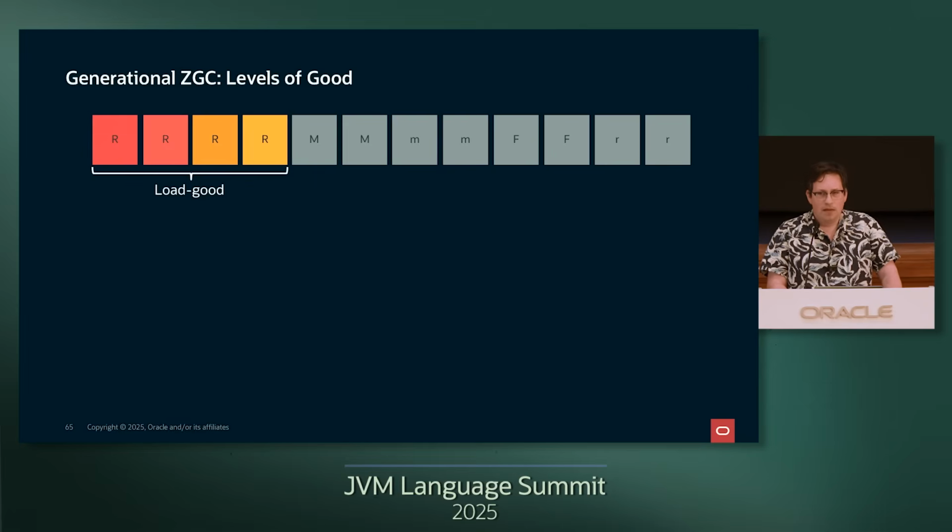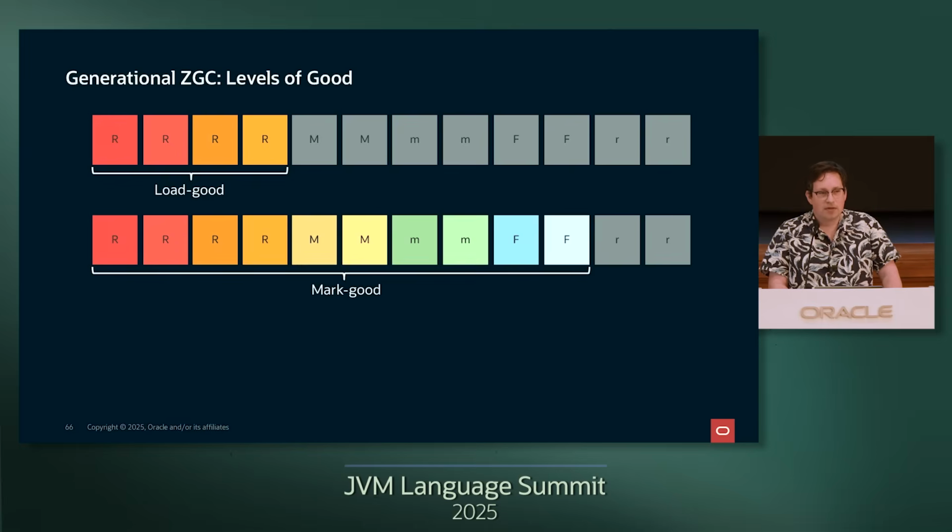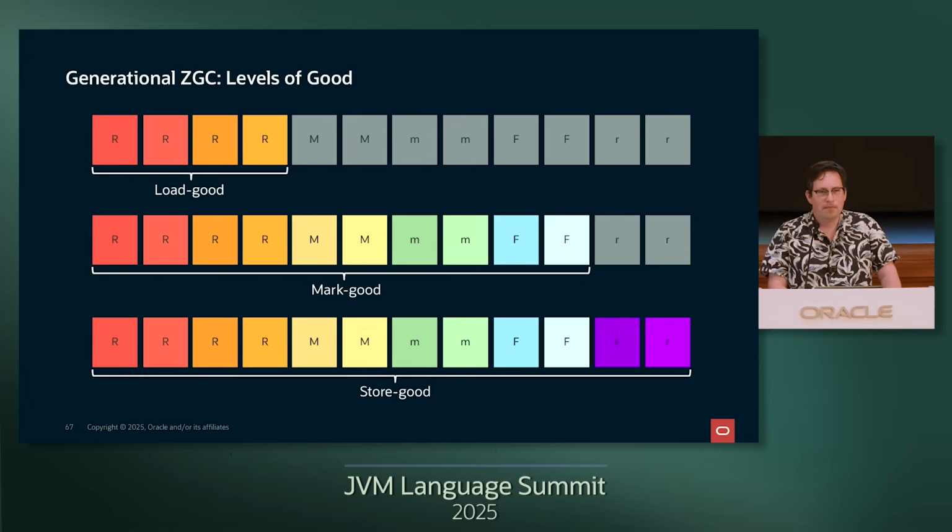The next level of goodness is called mark good. It means that the address is stable, and on top of that, we also know that this edge has been marked, so we don't need to mark it again. And the ultimate best level of good is called store good. And this is what stores produce. And that means all the colored pointer bits here have the good shade. It means it's also tracked in the remember set.